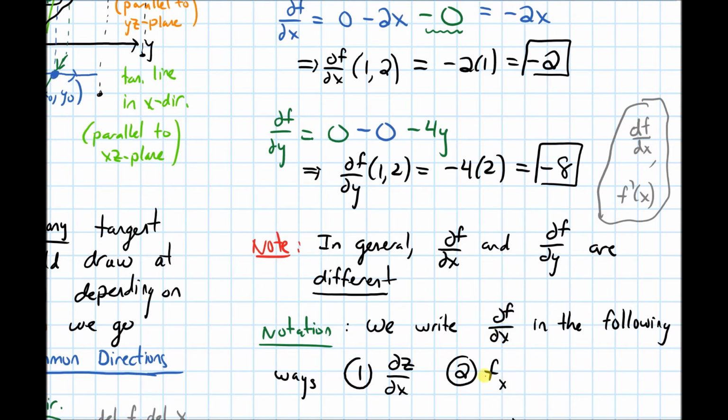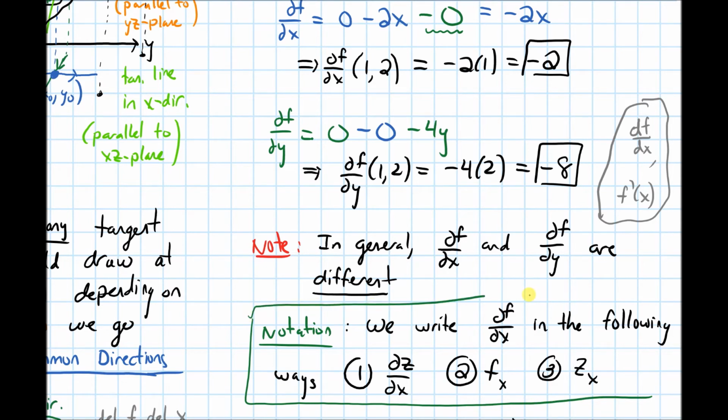So I write f subscript x like this. Again, if I have a function of 2 variables, we can write the f as z. So I could also write this as z subscript x. All right, so we have these common notations to represent the partial derivative with respect to x. We could similarly write the partial derivative with respect to y.